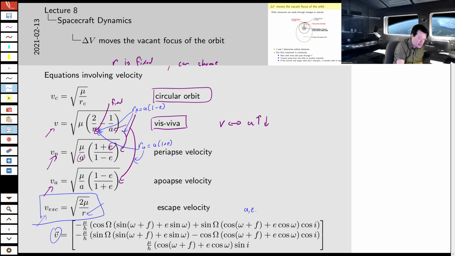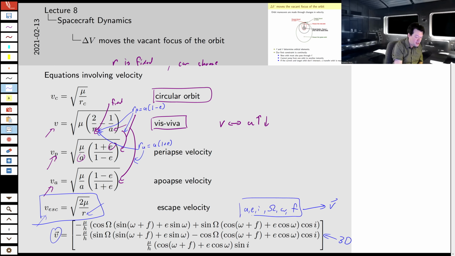So, this is a 3D case. This gives a conversion from a closed form solution for velocity in terms of all these elements. Now this unfortunately doesn't do anything much useful for us unless we know all these orbital elements of our target orbit, in which case we would get velocity.